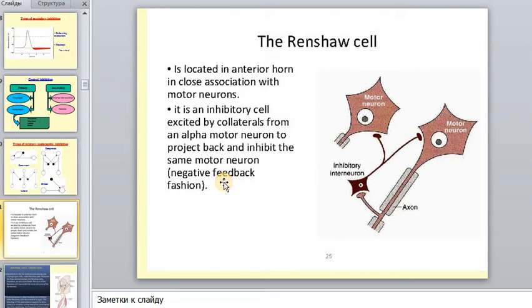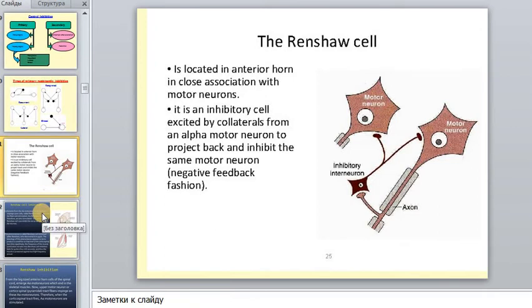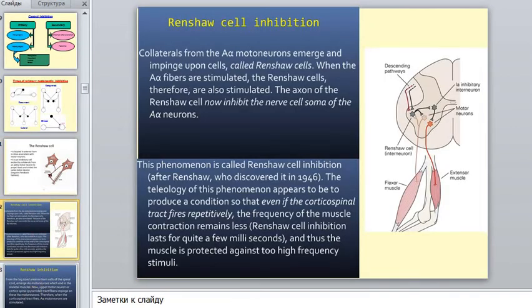A little bit later we will discuss this. As you see, these Renshaw cells, we have already met them in the somatic nervous system when we discussed the work of antagonistic muscles.